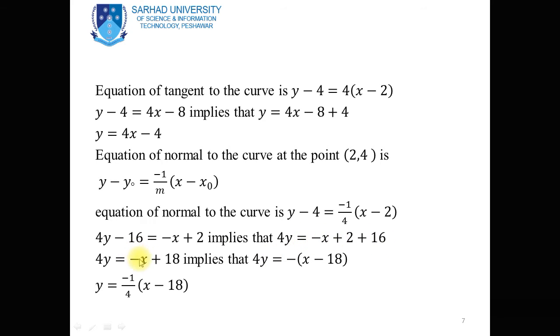So 4y is equal to minus x plus 18, and this implies that y is equal to minus 1 over 4 times x plus 18. This is the equation of the normal line.